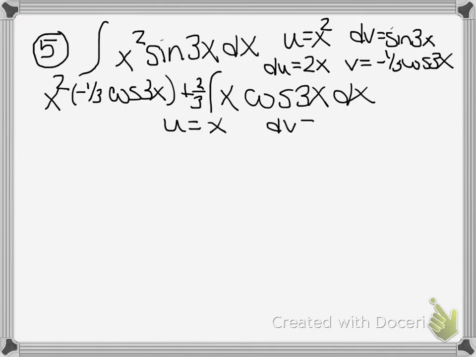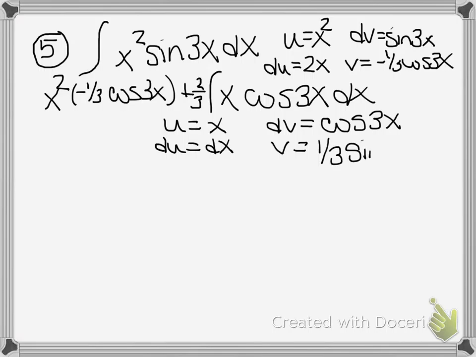It's good habit to always write it down though, especially because when you take the quiz, if you make a mistake, partial credit. So then du is just dx, and then our v here is positive 1/3 sine 3x.